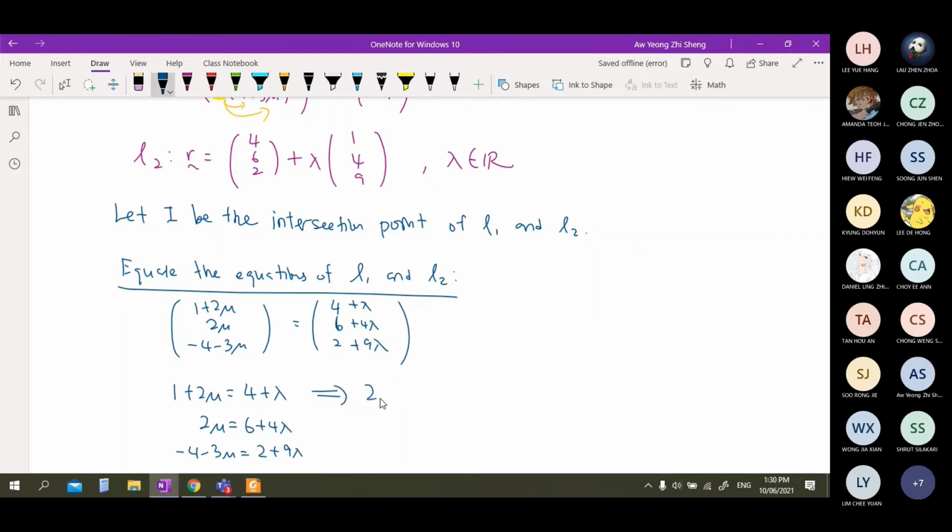Okay, I tidy it up a little bit before I number the equations. This one I call equation 1, this one I call equation 2, this one I rearrange a bit. Minus 3 mu is 6 plus 9 lambda.